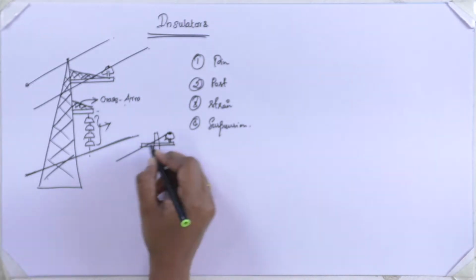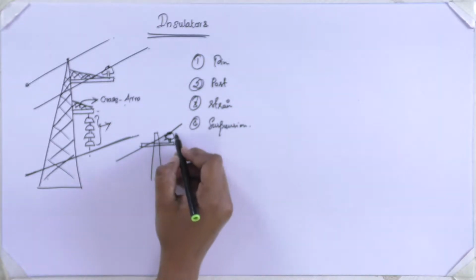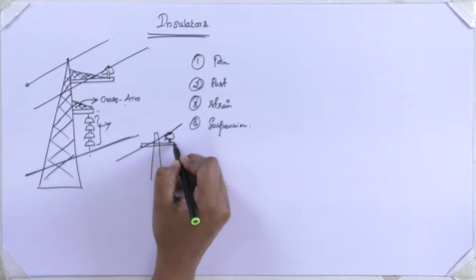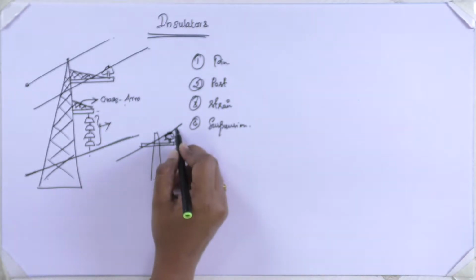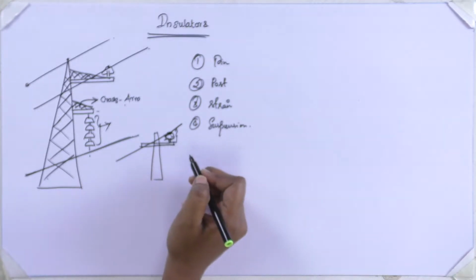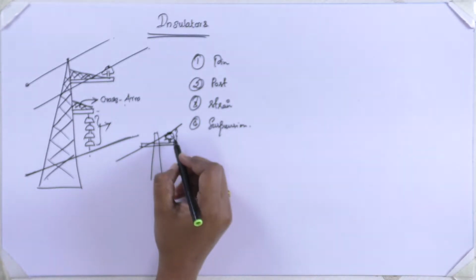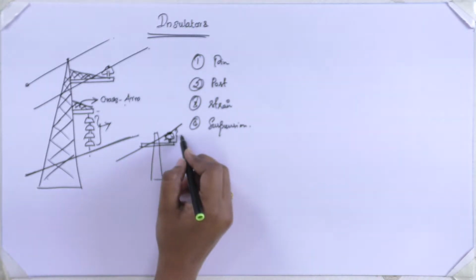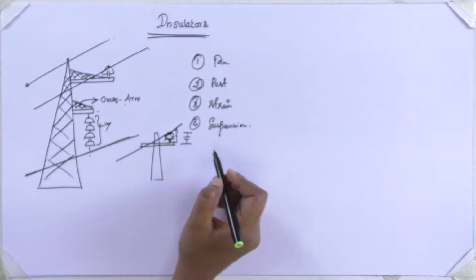In this groove the transmission line is placed. So the insulator is placed to maintain the clearance between this metal part and this metal part. For an insulator, we calculate the capacitance acting between the two metallic parts.